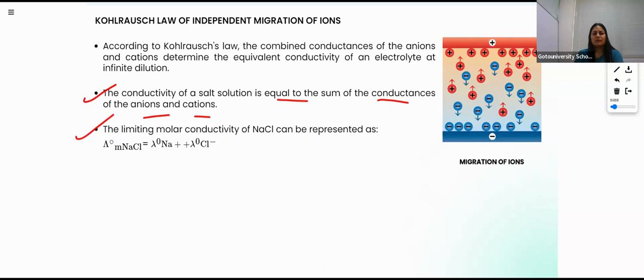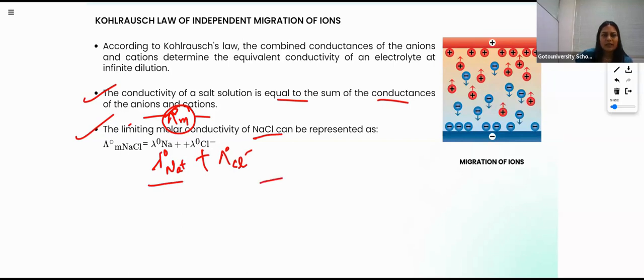For limiting molar conductivity of NaCl, what was limiting molar conductivity? The conductivity at concentration 0, right? For this, we can represent it like this.